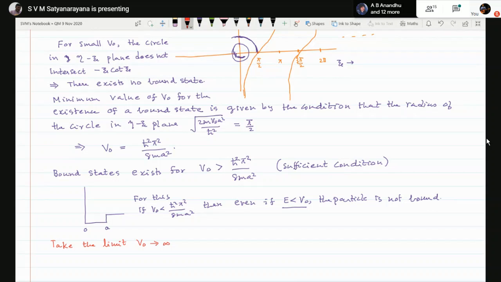But this implies the radius of the circle in the eta xi plane is infinity.